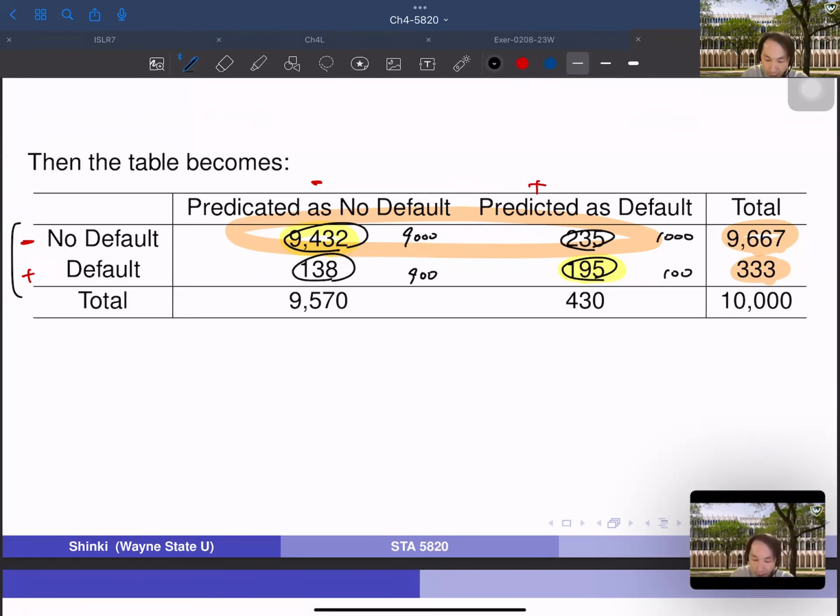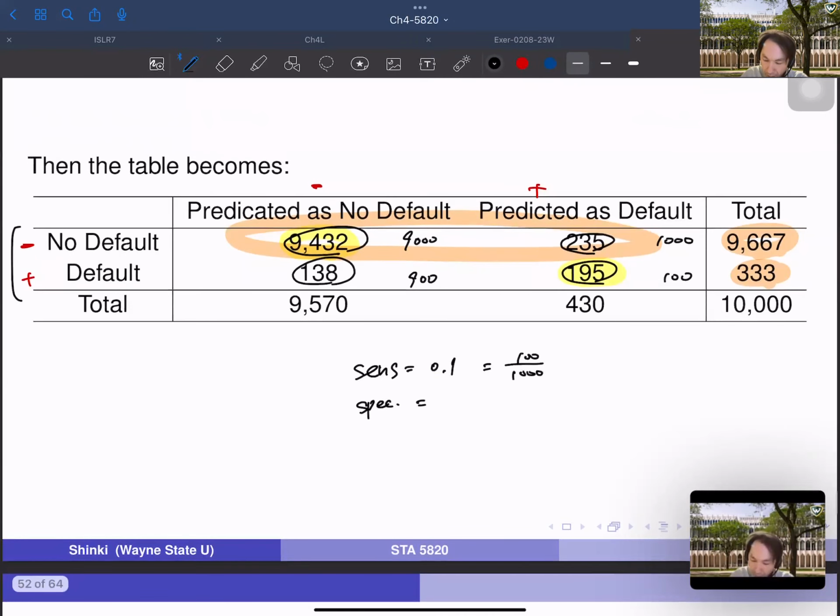In this case, the sensitivity is 0.1, 100 over 1,000, and the specificity is 9,000 over 10,000, so 0.9. So 1 minus specificity is equal to 0.1.